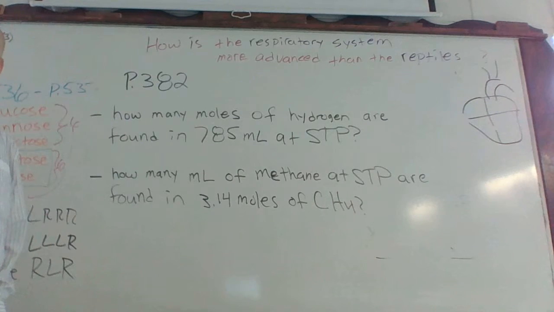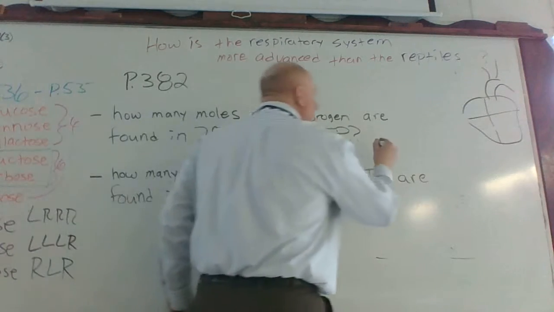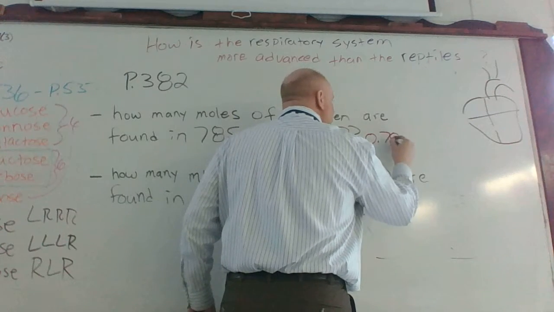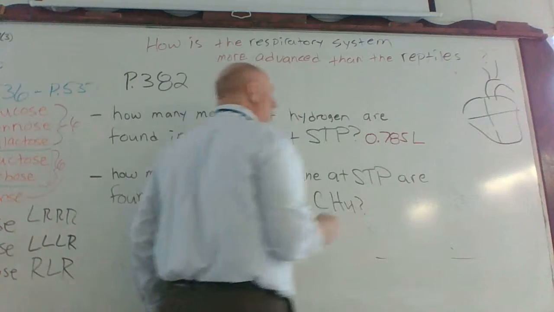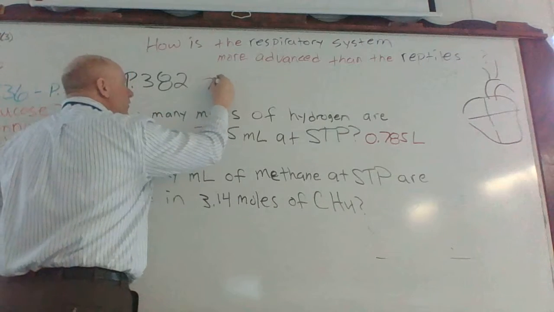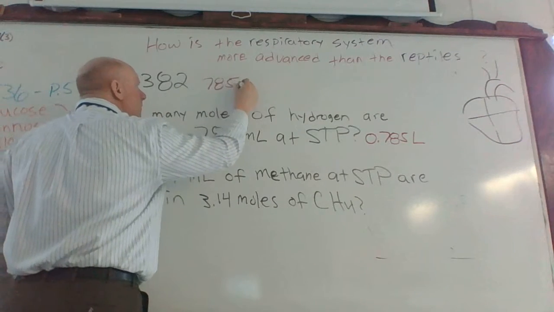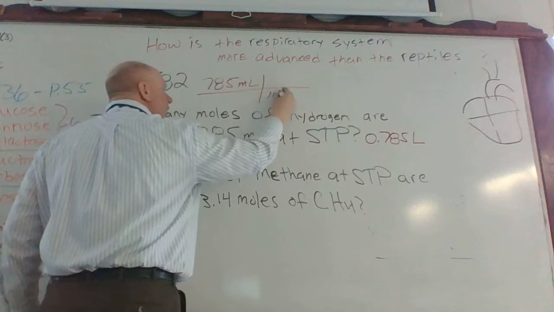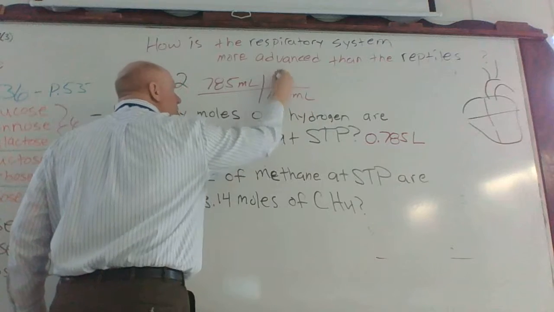Okay. So what we do here, the best way to do this is just dimensional analysis. And so if we take 0.785 liters now, you can put that step in if you wanted to, 785 milliliters, what you're doing is that for every 1,000 milliliters, you get 1 liter.